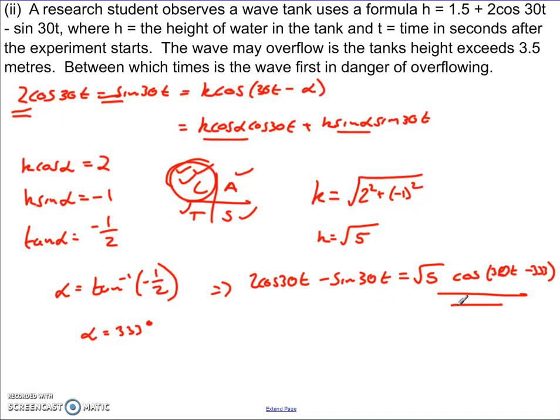What that now allows me to do is take this and substitute it back into this equation. So my original equation now becomes 1.5 plus root 5 cos of 30t take away 333 equals the height. So that's me now got the equation in a form I can work with.